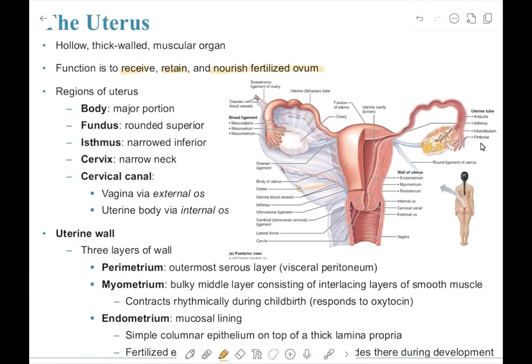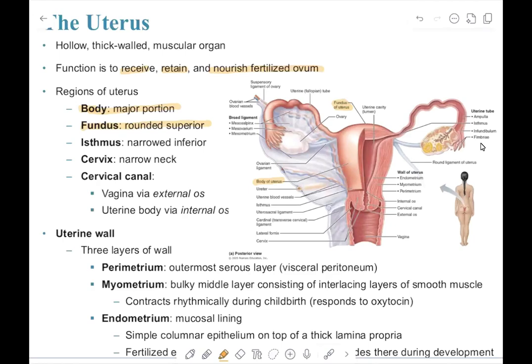So the uterus is a hollow, thick, muscular organ, and its job is to receive, retain, and then nourish the fertilized ovum. So it plays a lot of roles. The regions of the uterus first include the body, the main part of the uterus. That's the major portion. The fundus is the superior region, just like you've learned of other organs that had a fundus.